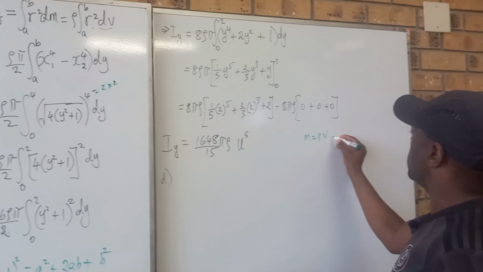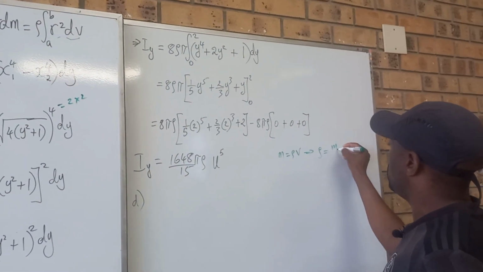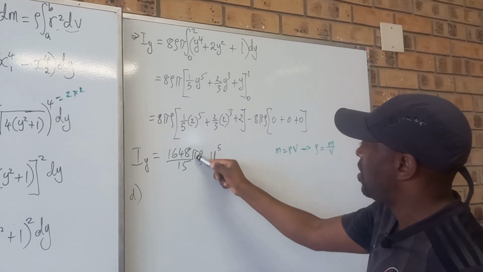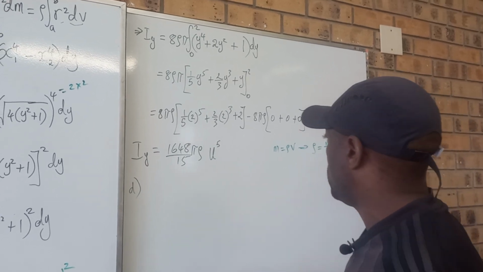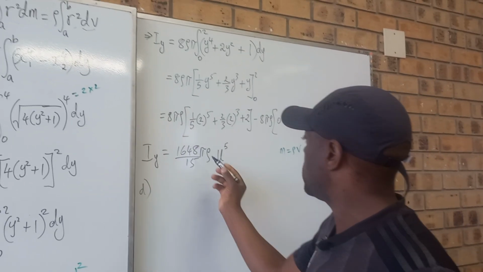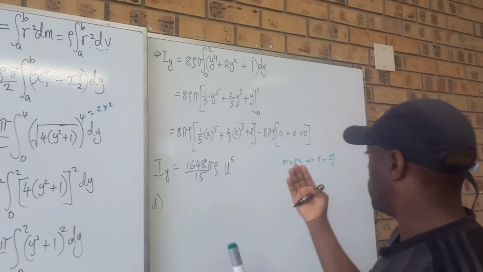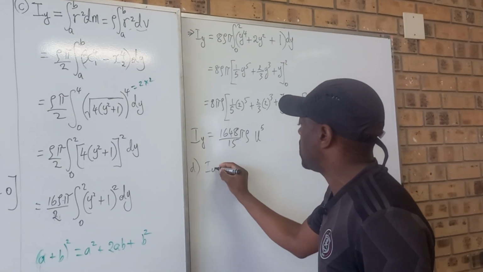Then from there, if you make density the subject, you see that density is mass over volume. So with that relationship, it shows that here, I can replace that by mass over volume. So the easy thing I do is that to get my answer in terms of the mass, I will take my moment of inertia, I divide by my volume. Since this is telling me so, then I multiply by m. So that's what I will do.